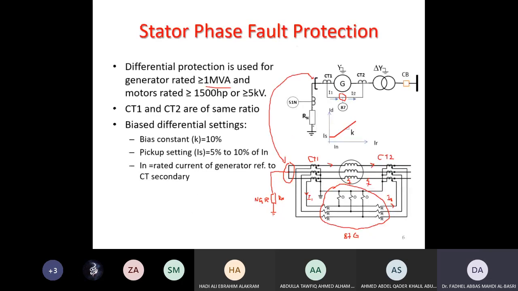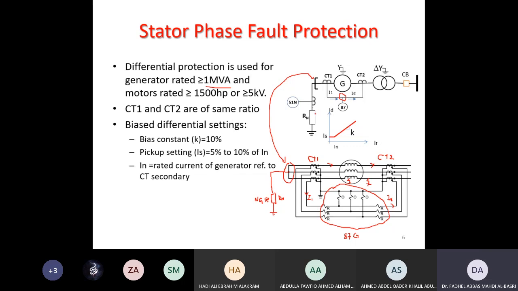Now, if the differential provides both rotor and ground fault and phase fault protection, why do we need a ground fault protection in the first place?